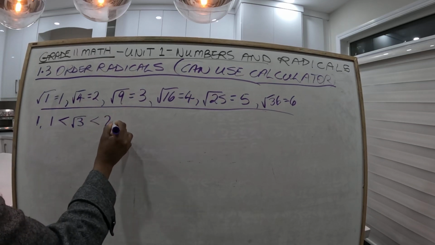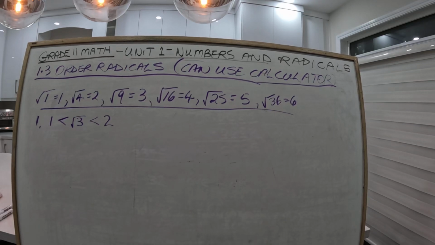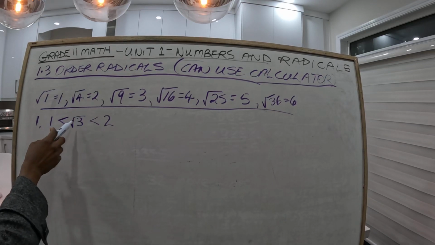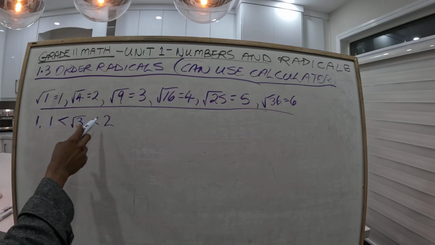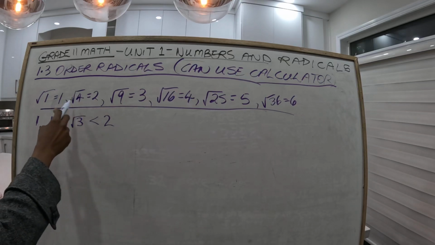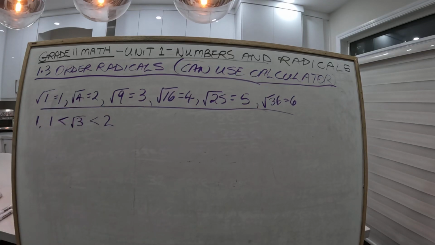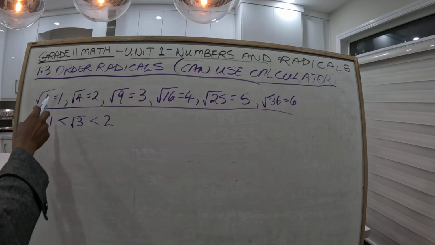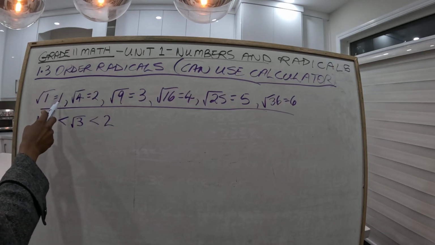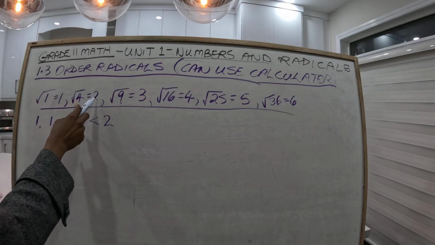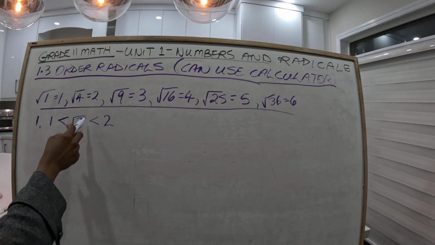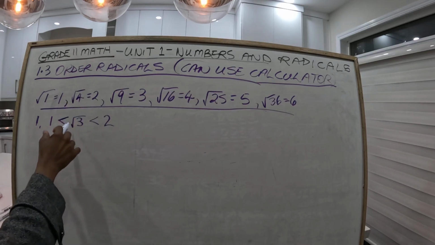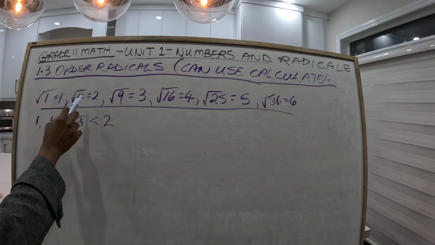And the reason why we're saying that the square root of 3 is bigger than 1, but is less than 2 is because when we look here, this is how we know. Because if you see, square root of 1 is 1, and the square root of 4 is 2. So if the square root of 1 is 1 and the square root of 4 is 2, then this area here must be true. The square root of 3 is less than 2. It's in between the two.